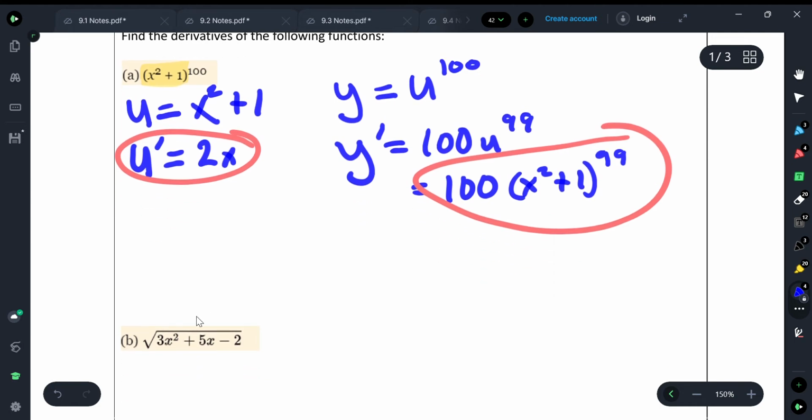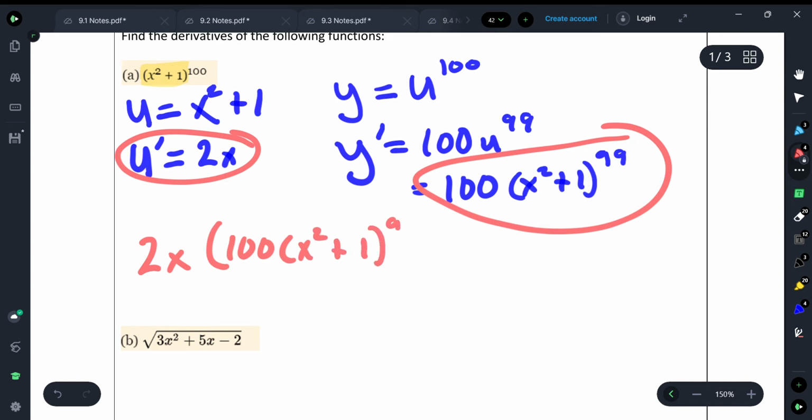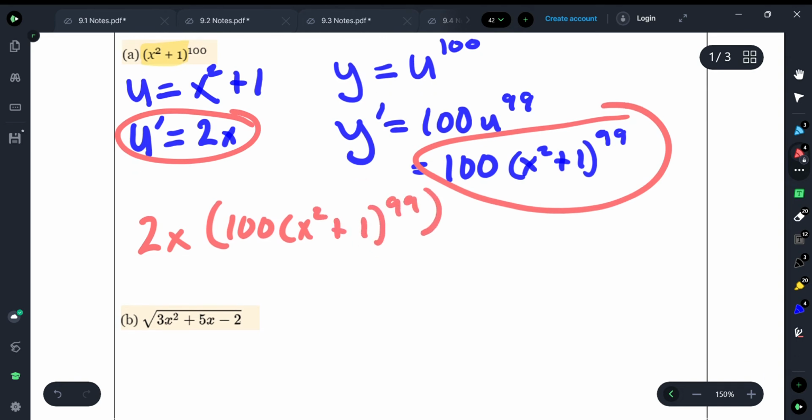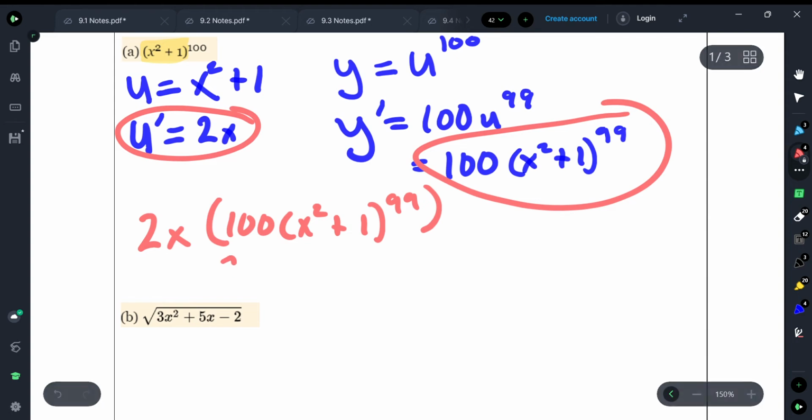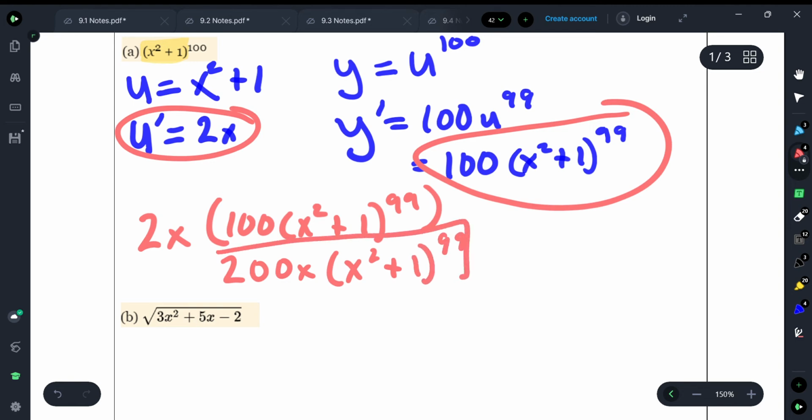So we have 2x times 100 u to the 99th, so you get 200x times the quantity x squared plus 1 to the 99th power. That is our derivative here.